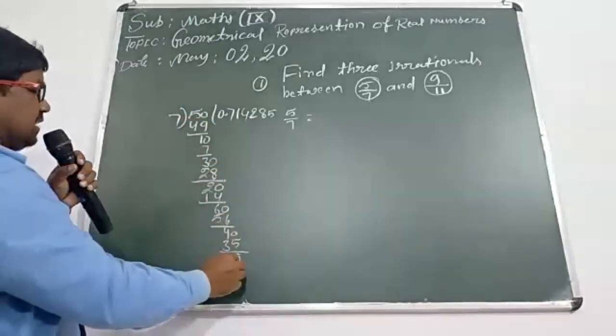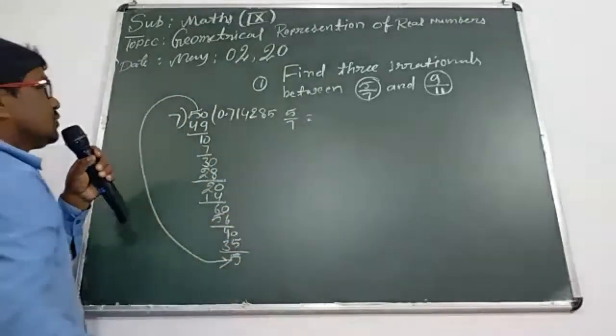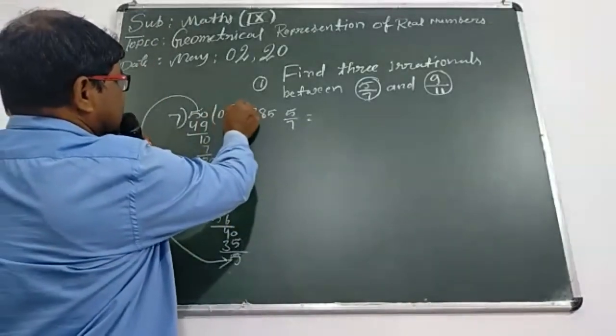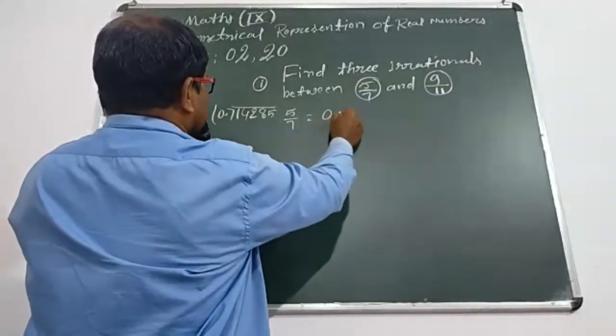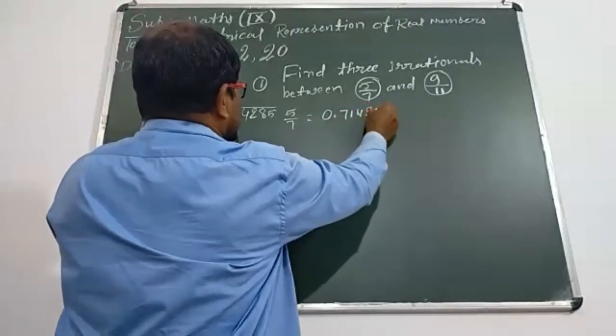We are getting the remainder 5 now, so these are the repeating block digits. We will write here 0.714285 repeating.